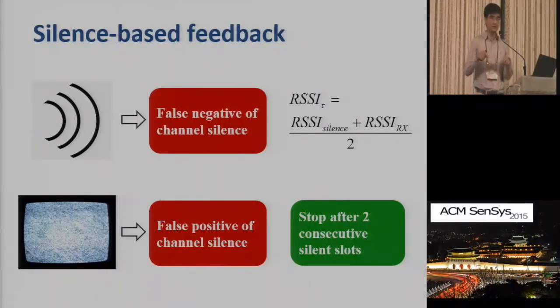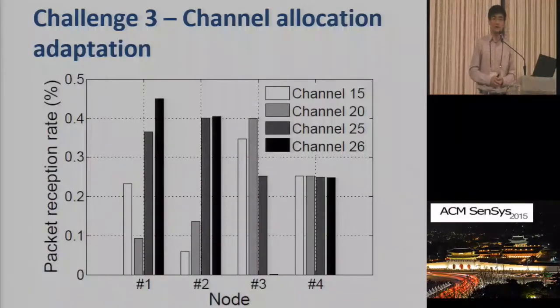However, in our test, those 2 consecutive silent slots are very short because 1 transmission only takes several milliseconds. So the overhead is small. Now, every node in the network can recover the data while the fast pipeline is working, and we can stop the fast pipeline as we have done the job.